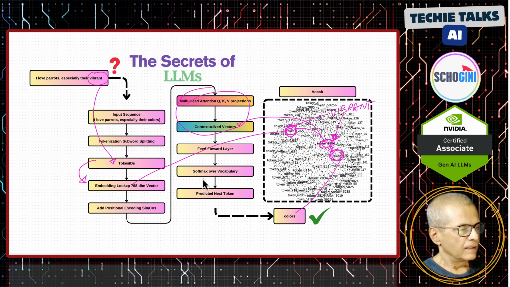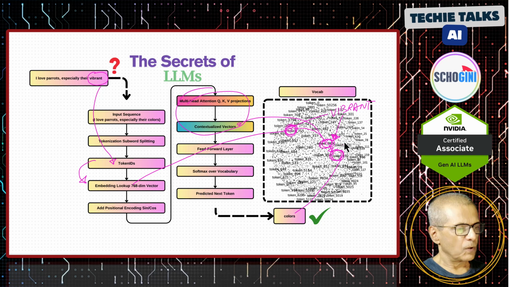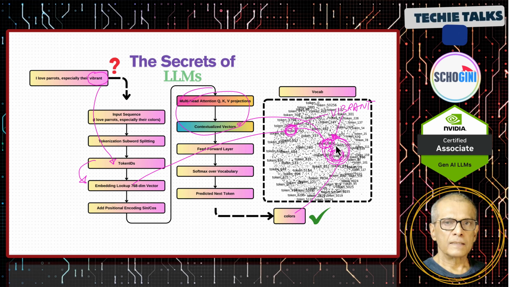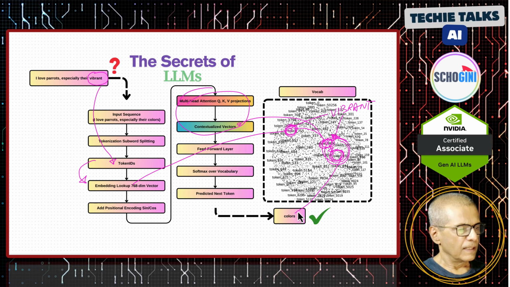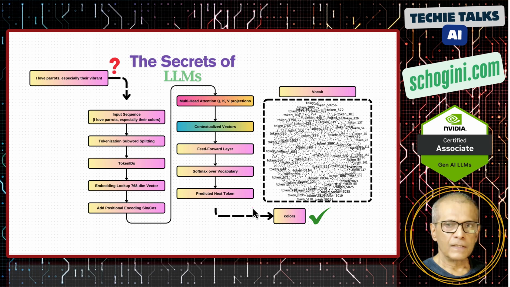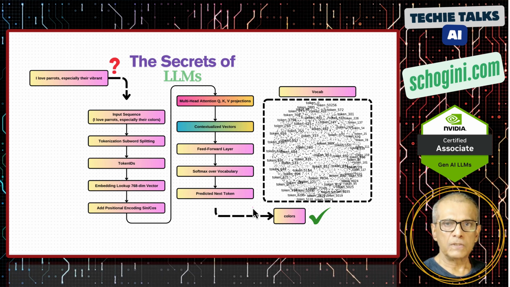And then here in softmax, it takes the probability of all the words that are nearby in this vocab, picks the most probable word, and it predicts colors. So this is a high level understanding of what this LLM is attempting to do.